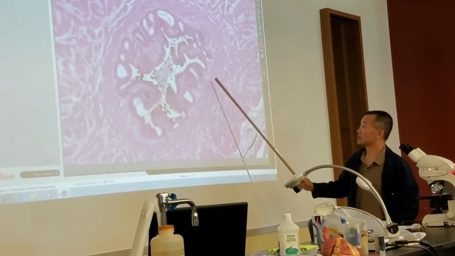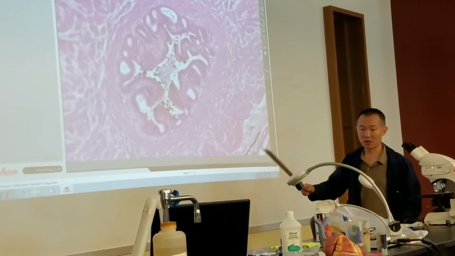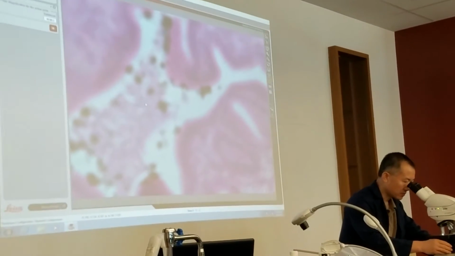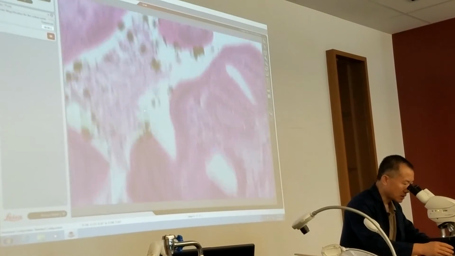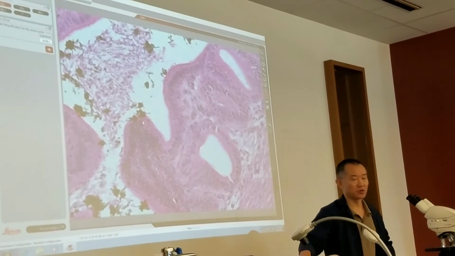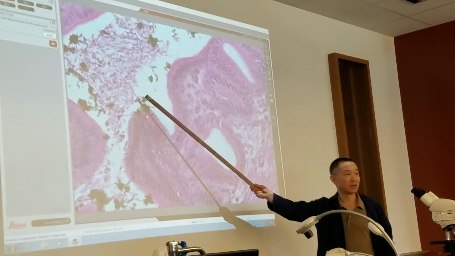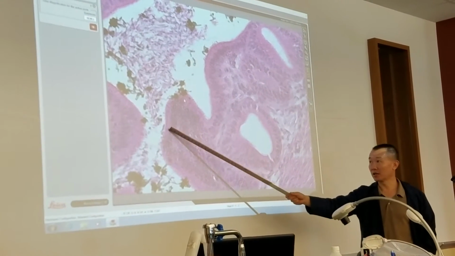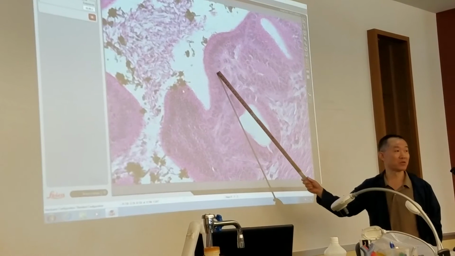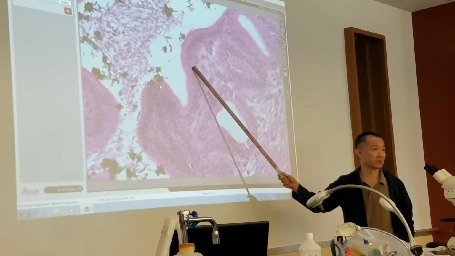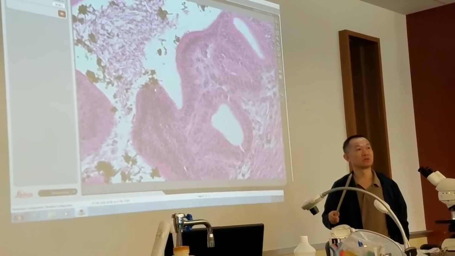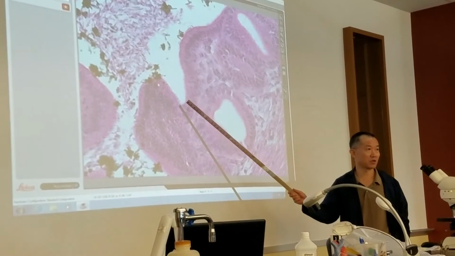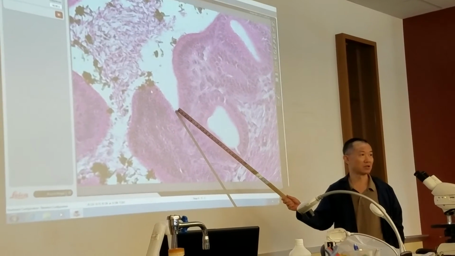It has epithelium. If I use high power, it will give you things like this. I will probably leave some sperm visible in the field, so you can see the sperm. And then I ask you: what type of epithelium lines the vas deferens? Pseudostratified ciliated columnar epithelium. A similar type of tissue is found lining the trachea.